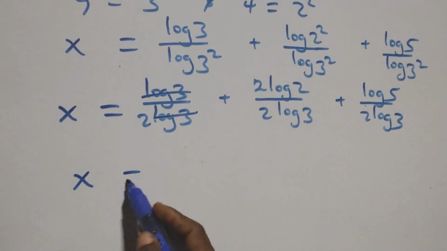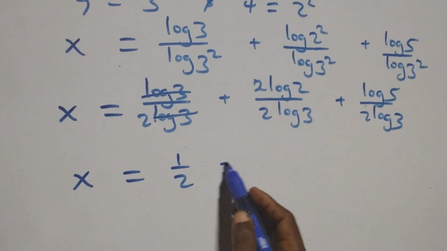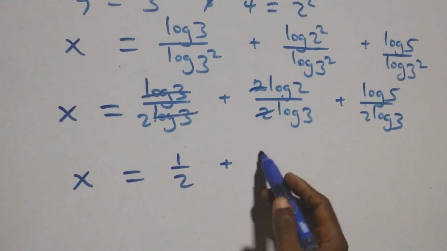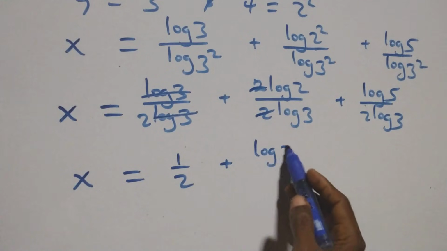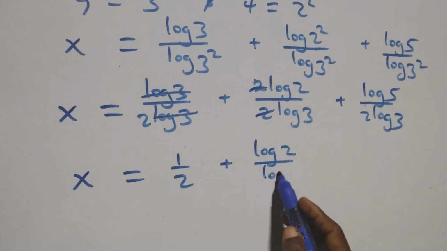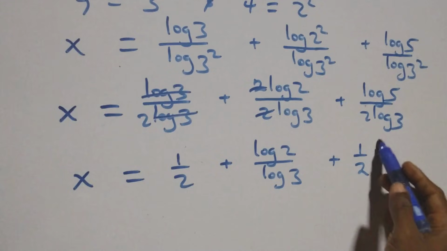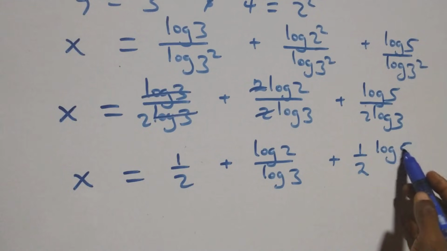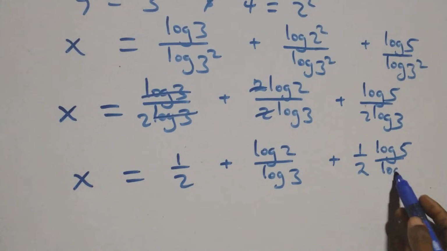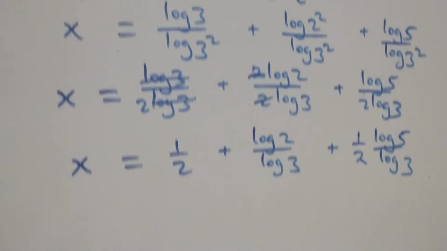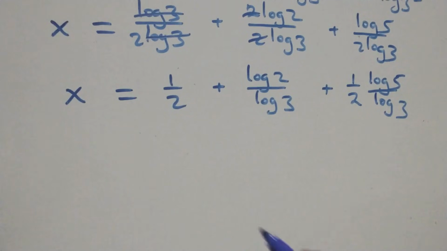This becomes x equals to 1 over 2, and plus also 2 cancel each other here. We have log 2 over log 3 plus here we have 1 over 2 times log 5 over log 3. As this next step here, we apply change of base.